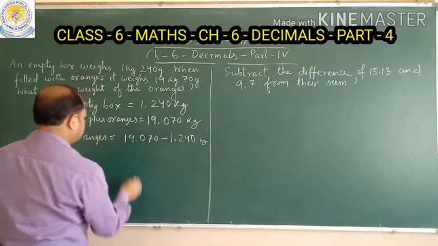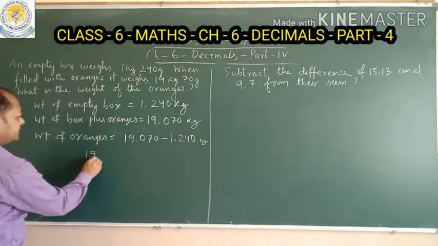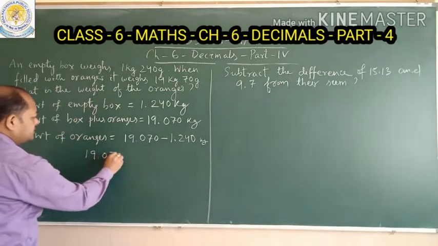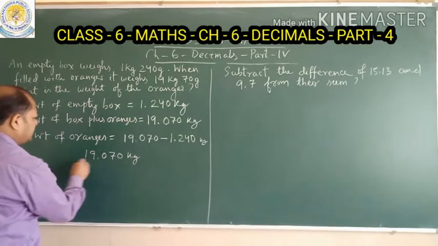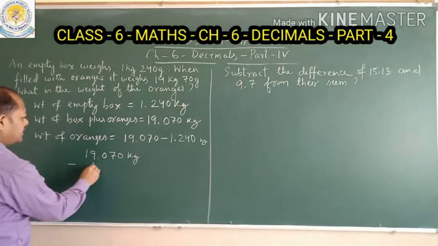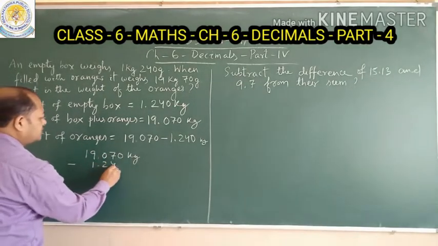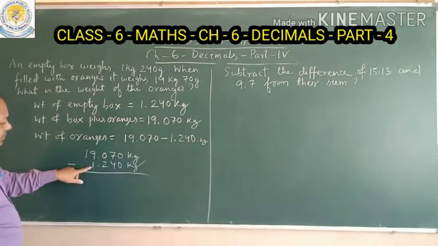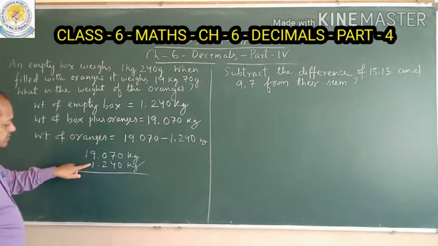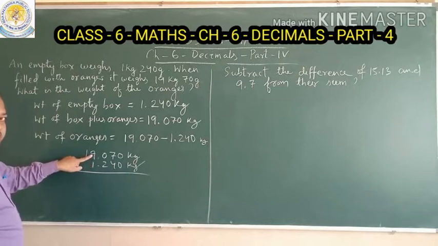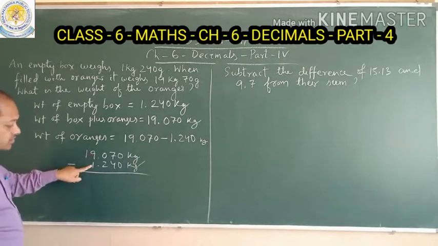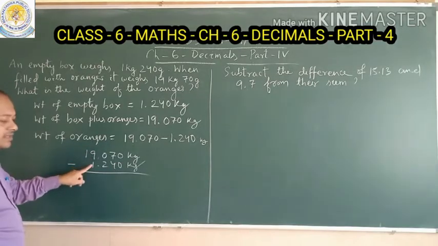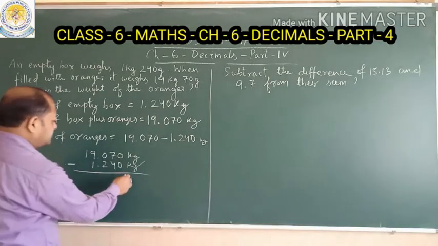Both are in kg. So do the minus operation. 19.070 kg minus 1.240 kg. Look here, I am writing 1 below the unit place, so here the unit place is 9 and here also the unit place is 1, so I am writing 1 below 9. So do the minus operation.